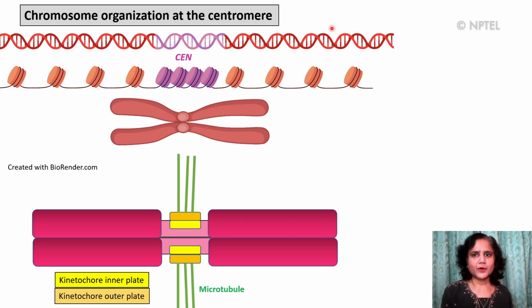Some of the important things to know are that the centromere DNA is bound to specific proteins, and those proteins in turn bind microtubules. That's how it helps in attaching the centromeric region to the microtubules.